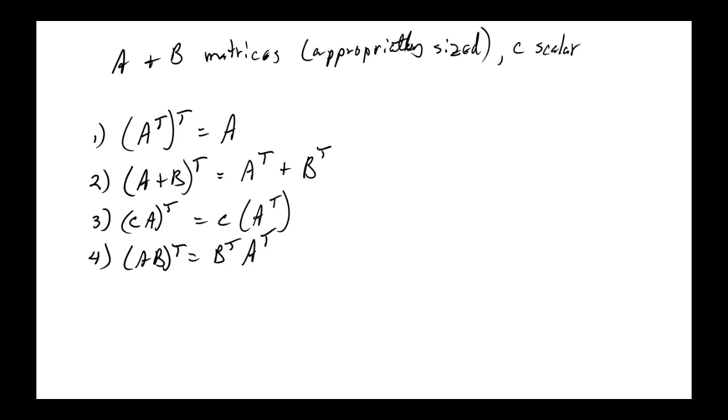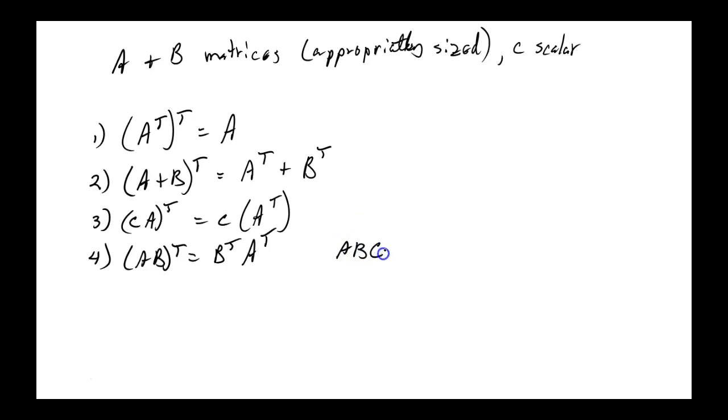Now, number 2 up there, what if you had a whole bunch of them? A plus B plus C plus D, and then did the transpose of that sum? It would still be A transpose plus B transpose plus C transpose plus D transpose. So you could expand that as many as you wanted to do. Number 4, a little tougher to see, is that this could be expanded. Now I'm just going to do it 3 times, but I'll do it more.